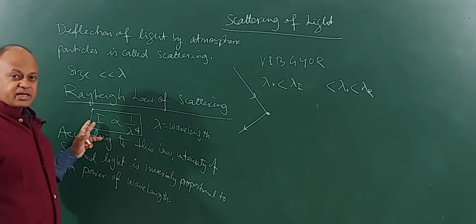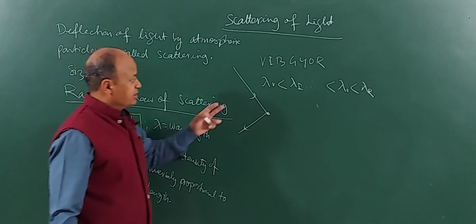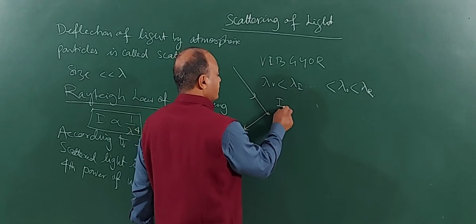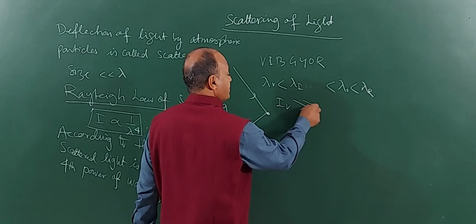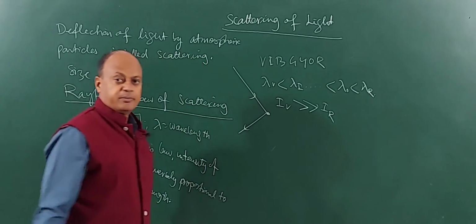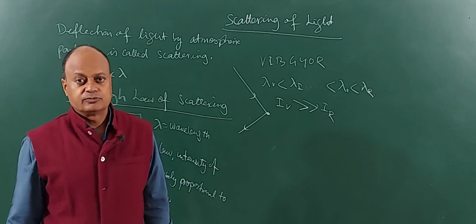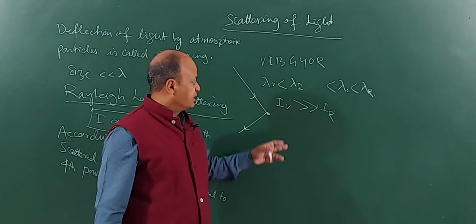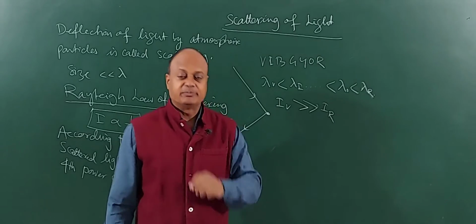Now if you go by this law, intensity of scattering is inversely proportional to the fourth power of the wavelength. So if smaller is the wavelength, more is the scattering. That means intensity of scattered violet light will be much larger compared to intensity of red light. Meaning if white light strikes a molecule in the atmosphere of comparable size, then violet will undergo maximum scattering and red will be scattered minimum.